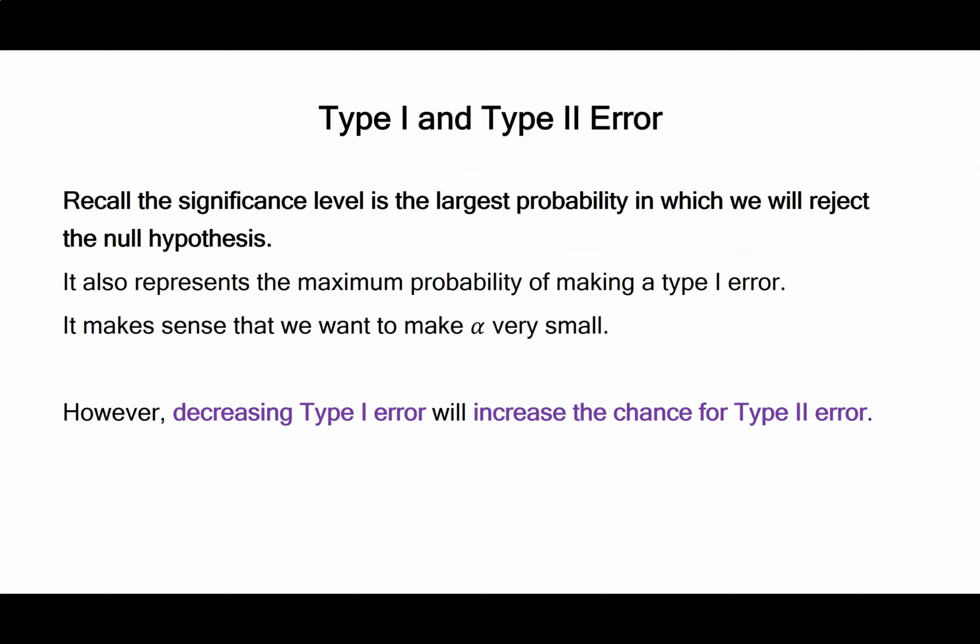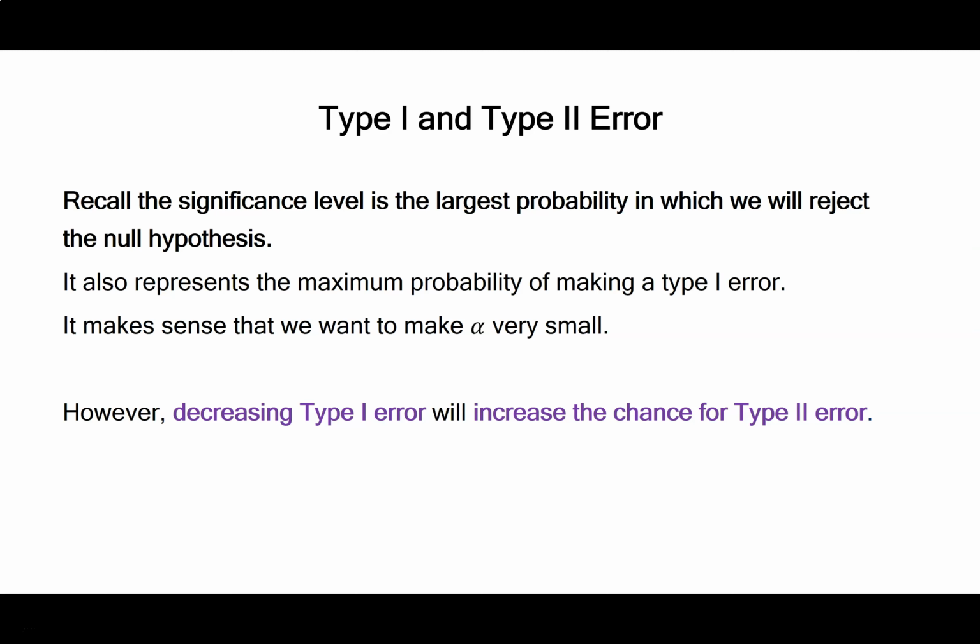So just know there's a trade-off here. We set what our type 1 error is to begin with. That is our alpha, our significance level. But with type 1 and type 2 error, it's a trade-off. If you make type 1 error smaller, you make your type 2 error bigger.